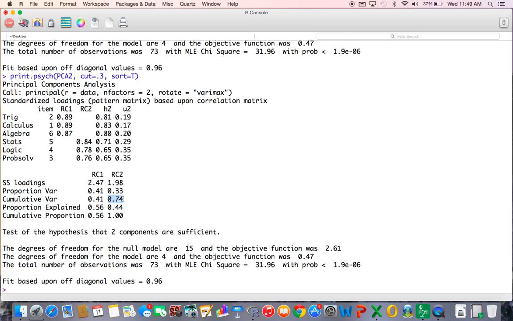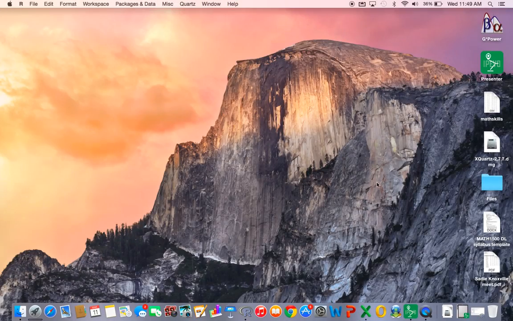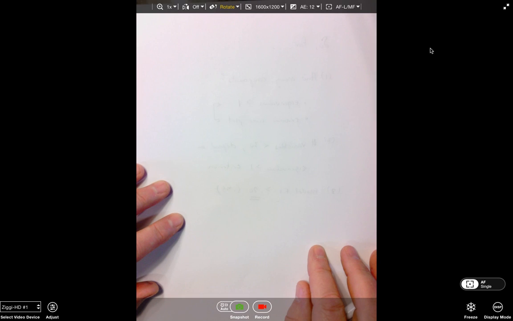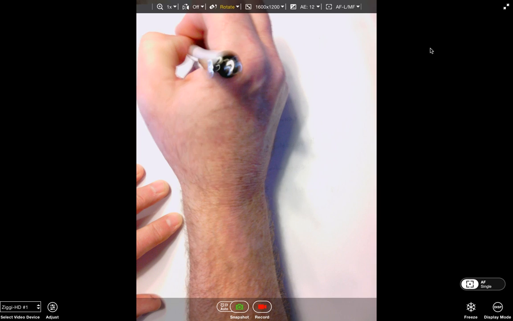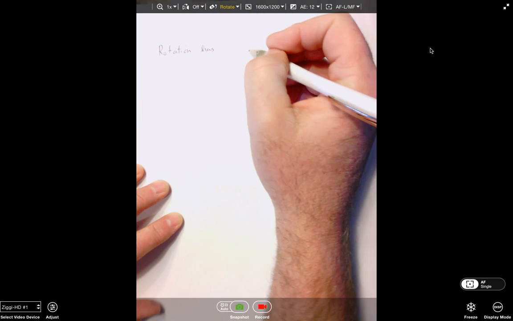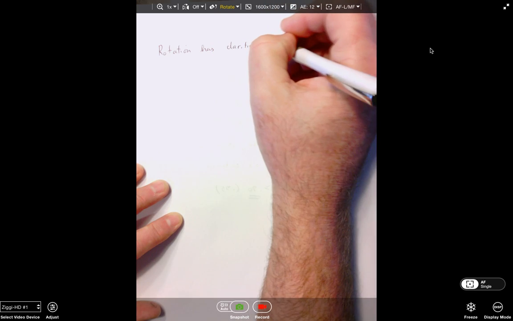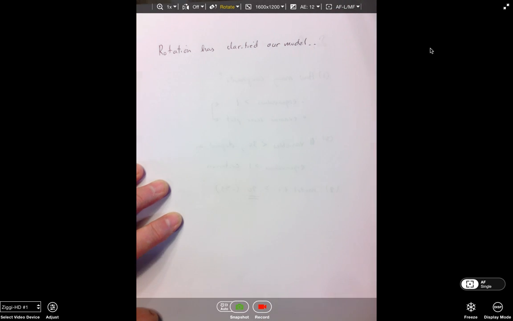Okay. Well, guys, I'm a happy man. If I were really publishing this, I would be extremely happy. And let me show you why, because it's all starting to make sense. And it's crazy how many times this does make sense, okay? So rotation has clarified our model somewhat, okay?